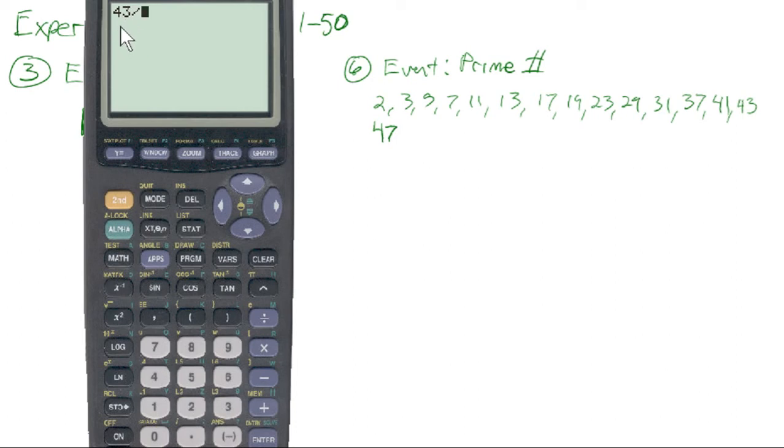So we think 7, and I know 7 is going to go into 49, so it's not going to go into 43. 8, no. 9, no. 9 would, but since 3 didn't go into it, 9 is not going to go into it. And we really have gone far enough. One thing that you may not know is that if you're testing a number to see if it's divisible by something, you only need to go as far as its square root, even though that square root will maybe be a weird number.